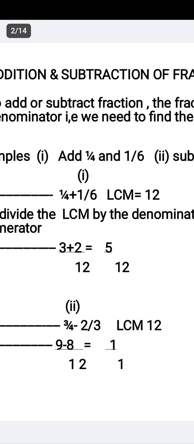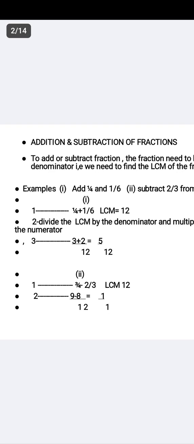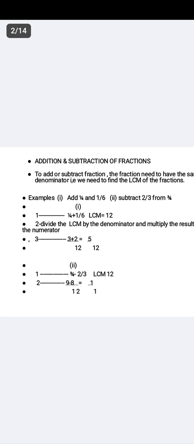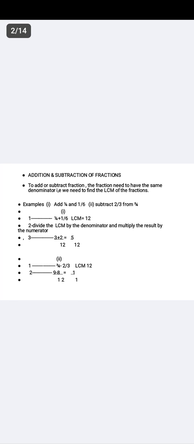Then it becomes 3 plus 2 over 12, which results in 5/12. So 5/12 is the solution to the addition of 1/4 and 1/6. Is that clear? Any question?